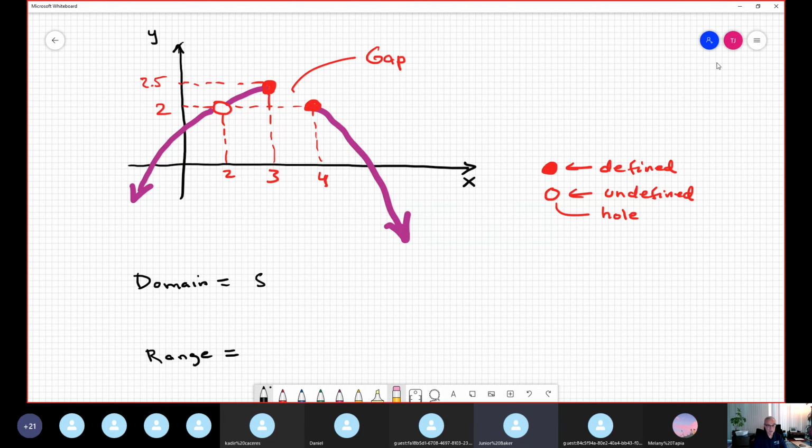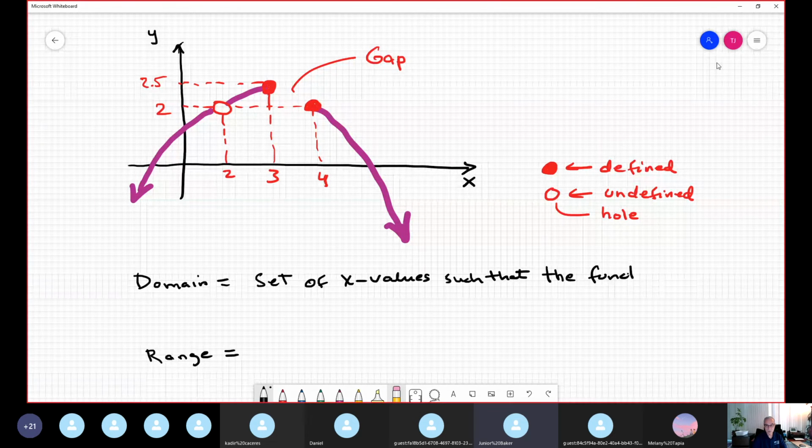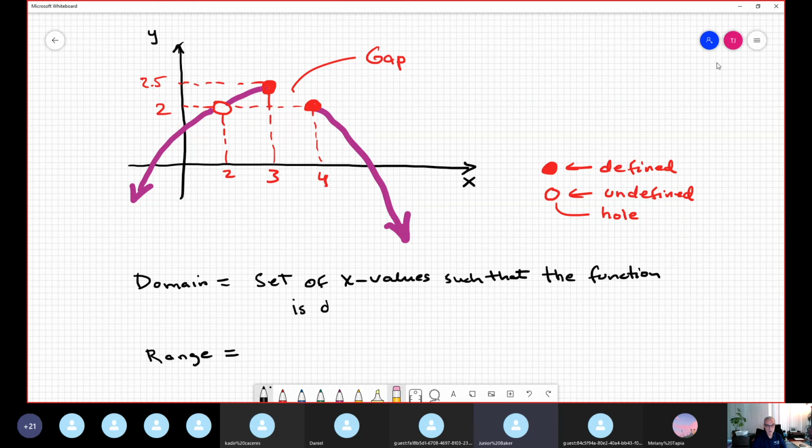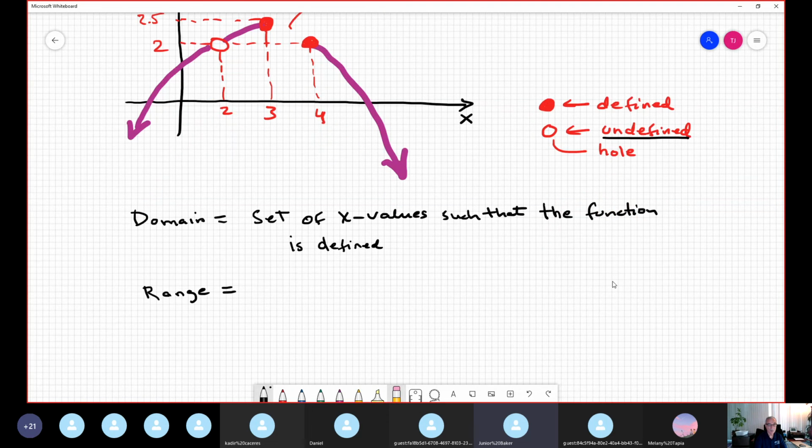Well, the domain is a set of the x values such that the function is defined. See, if it's undefined, like this hole, it is completely out of the domain. It does not belong to the domain.